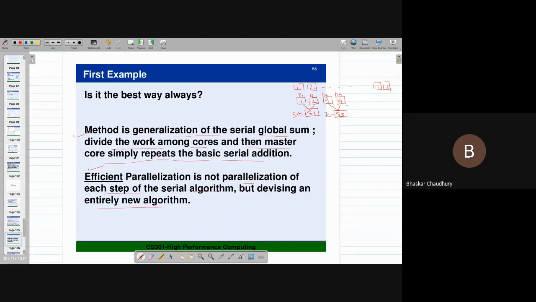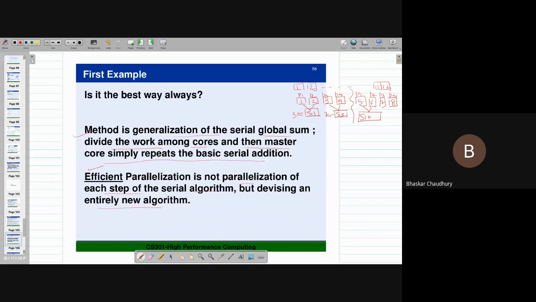Then again I take the next 4 numbers: 5, 6, 7, and 8. Once they have completed this, they come to the next 4 numbers. Again, P1 and P2 collaborate, add whatever they get, and then add it to the S1 which is already present.